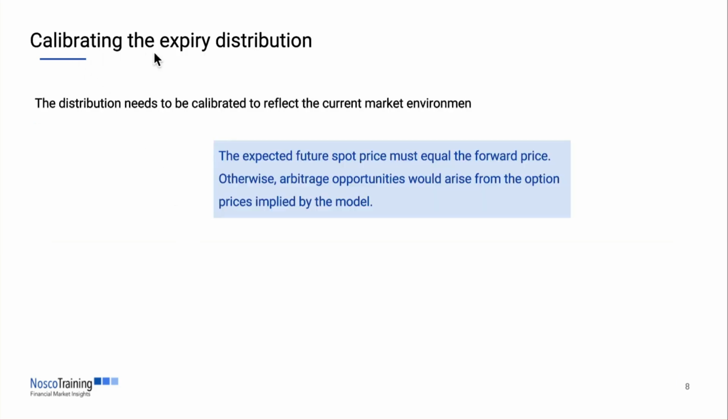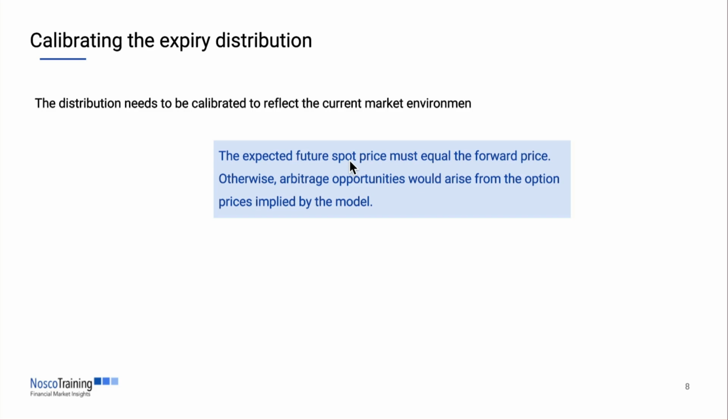Okay, let's see. That input is because what we need, and my chapter here is, I said here, calibrating the expiry distribution. An option lives in a world, right? A world with certain parameters. We have to make sure that my distribution reflects the current market environment. And the first thing, this is absolutely the most basic stuff: the expected future spot prices must equal the forward price.